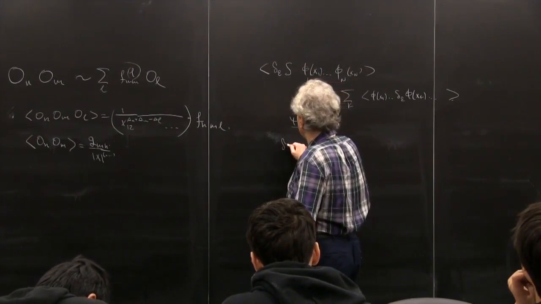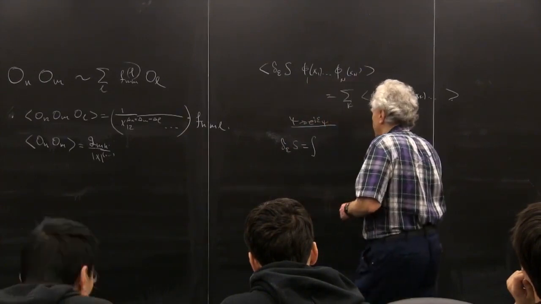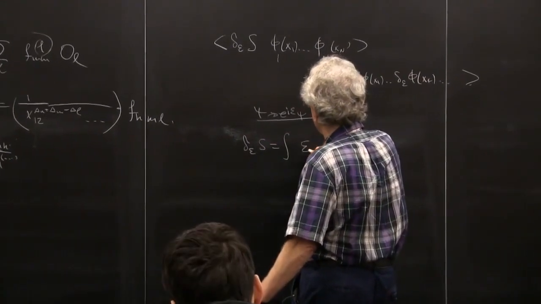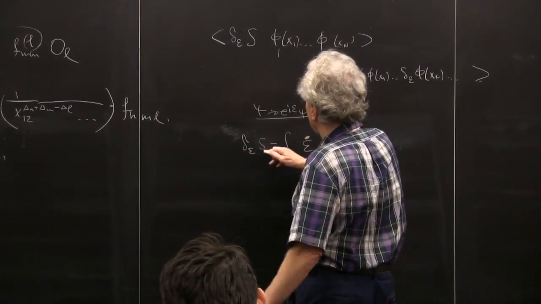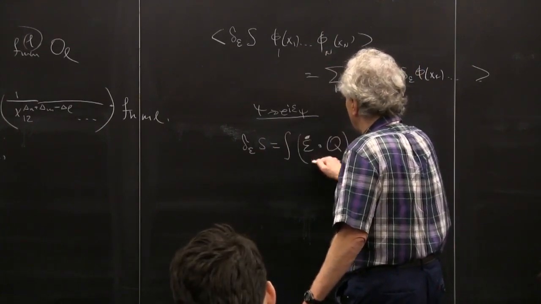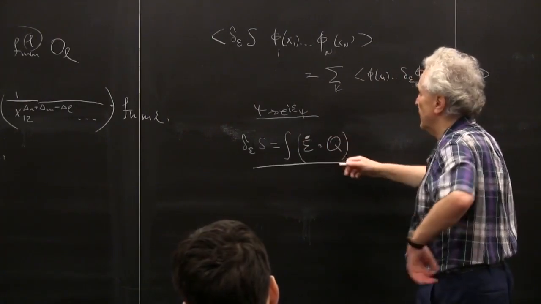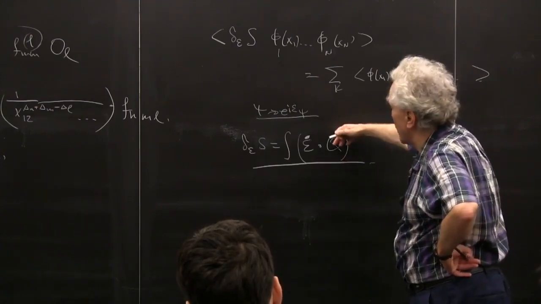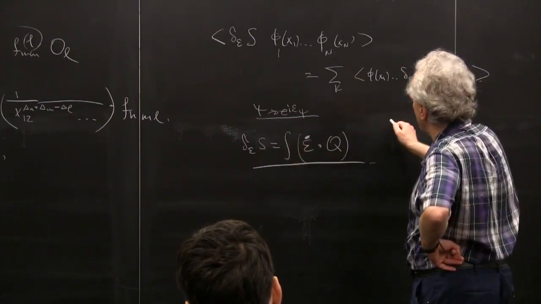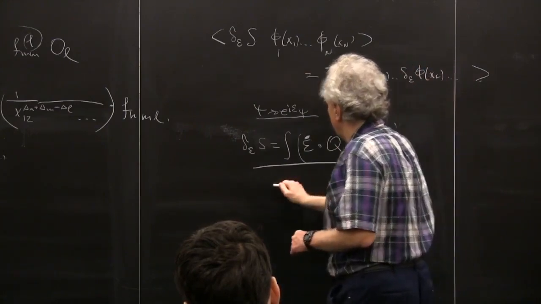The current is defined in general if you vary the action, and according to Noether theorem, it should start with epsilon dot, and the quantity which multiplies it is by definition the charge, the generator of this transformation, and on the equations of motion we integrate by parts.